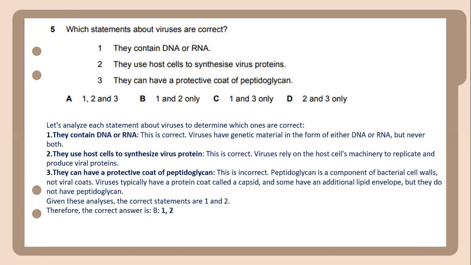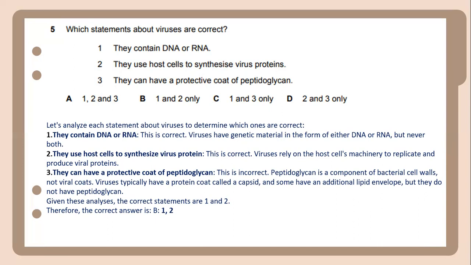Why? Because they contain DNA or RNA. This is correct because viruses have genetic material in the form of either DNA or RNA, but never both. And they use host cells to synthesize virus protein. This is also correct because viruses rely on the host cell's machinery to replicate and produce viral protein.